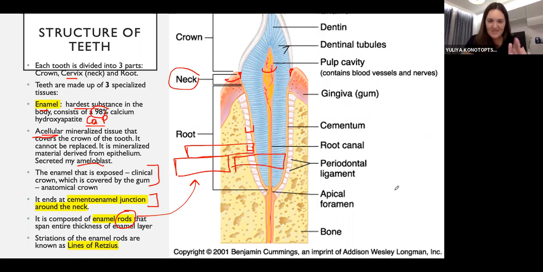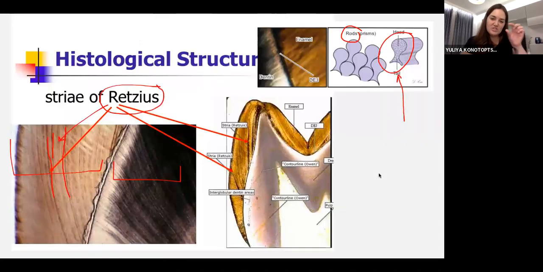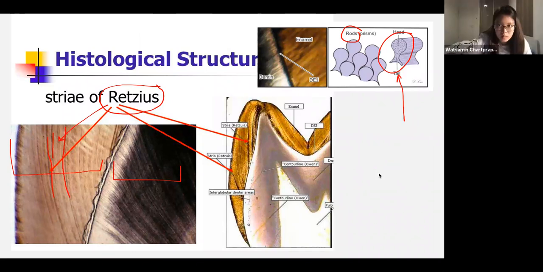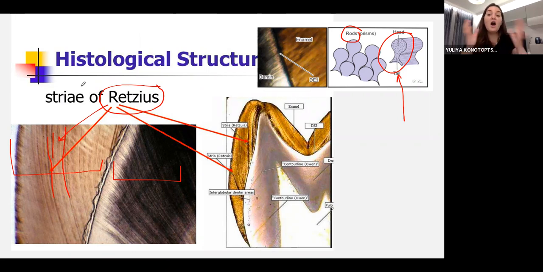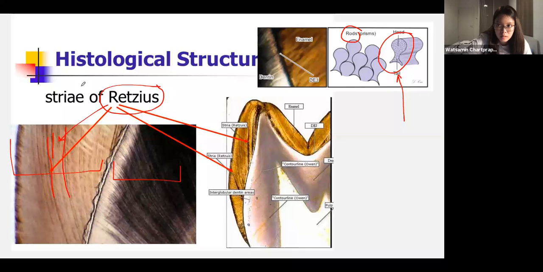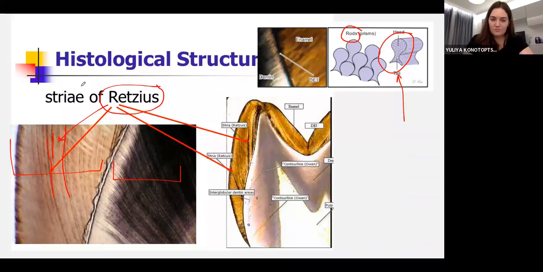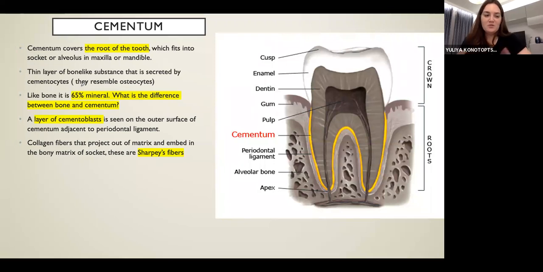It makes a section of it. So what would you see within enamel? Striations. You see lines of Retzius. What are lines of Retzius? The striations of the enamel rods. Good.